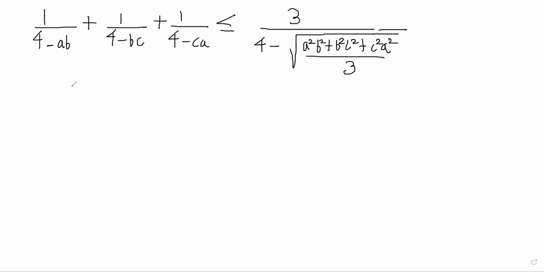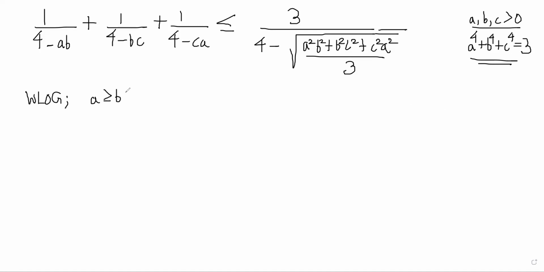Now, we were given some information about a, b, c. a, b, c were all positive and a power 4 plus b power 4 plus c power 4 was equal to 3. This is what we were given earlier. So without loss of generality, we can assume that a is greater than or equal to b is greater than or equal to c, which implies that a square is greater than b square is greater than c square, right?